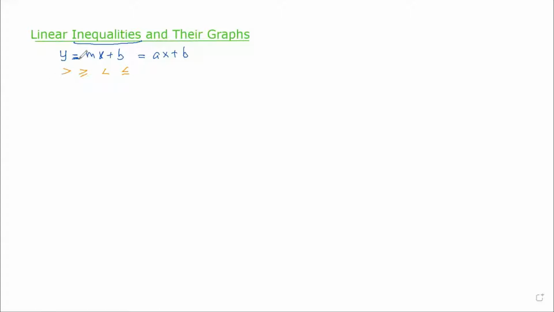But instead of the equation sign, if I look at this one, y is greater than or equal to mx plus b, like this. I can do that way also, right?